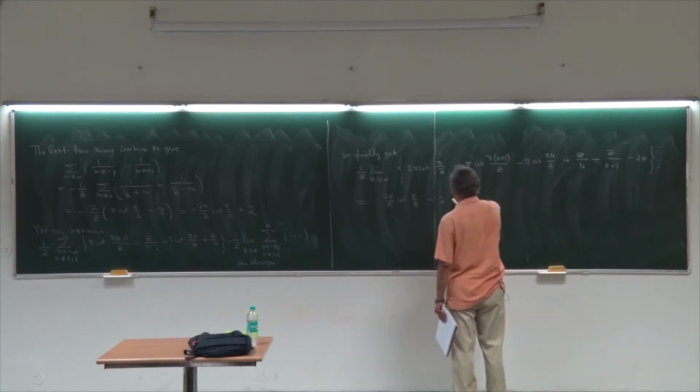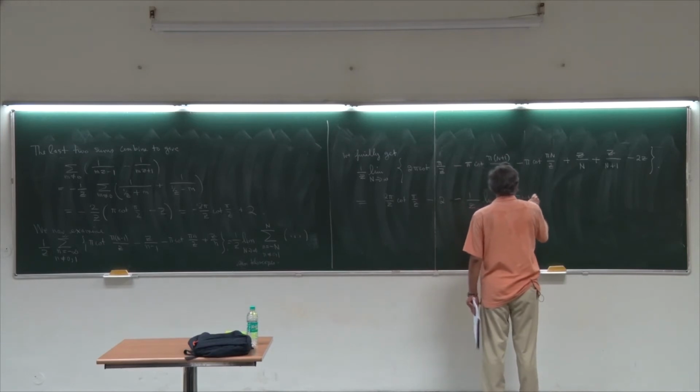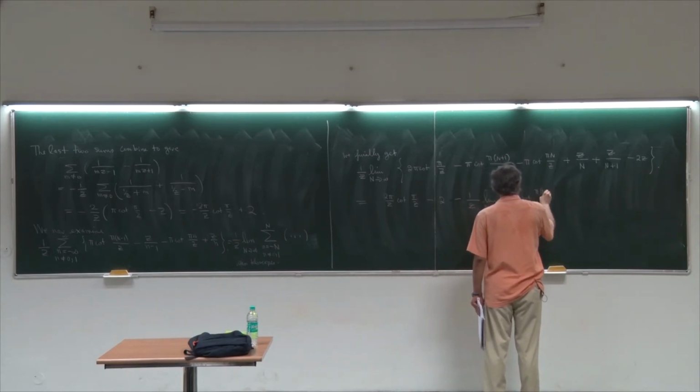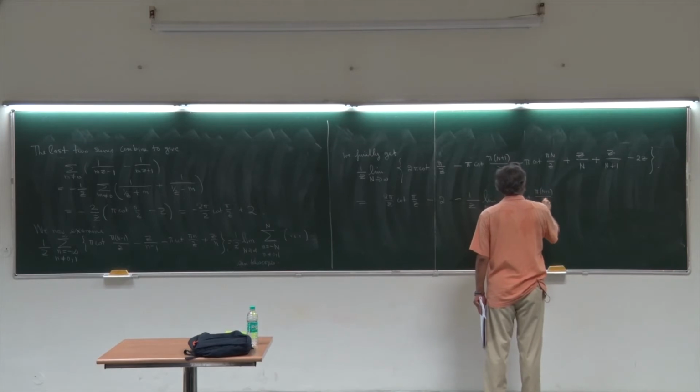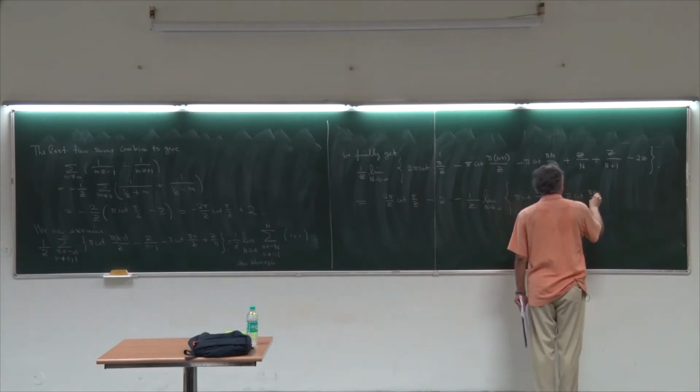And so you have to now calculate plus 1 over z limit as n goes to infinity of pi cotangent pi (n plus 1) over z minus pi cotangent pi n over z.